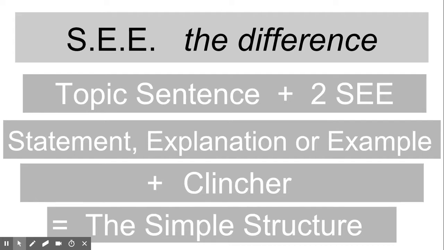If you have your topic sentence, which is one of the little umbrellas under the big umbrella of your thesis statement, plus 2 SEE sentences, a statement followed by an explanation or an example, plus your clincher, which will reflect or repeat 2 or 3 keywords from your topic sentence, that will give you a simple structure paragraph.